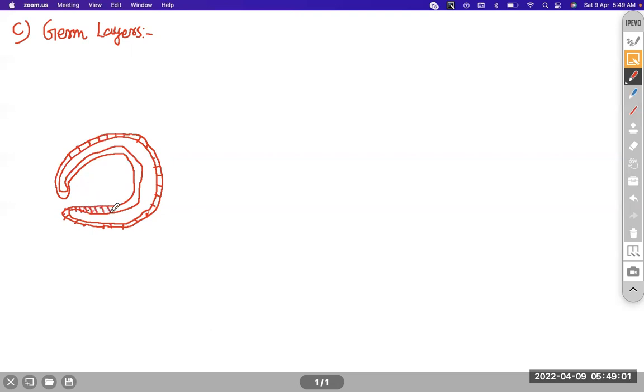Blastocoel is reduced and archenteron occupied the major portion of this blastocoel. Blastocoel को रिप्लेस कर दिया, धकेल दिया पीछे, रिप्लेस नहीं किया. Blastocoel is reduced now. This is blastocoel and this is archenteron.